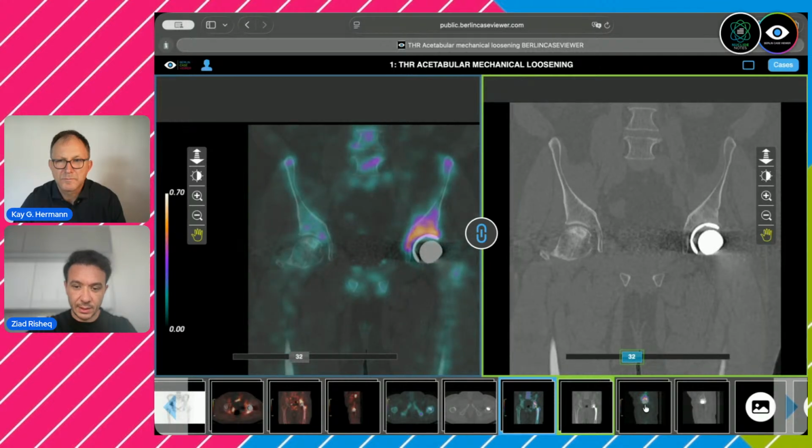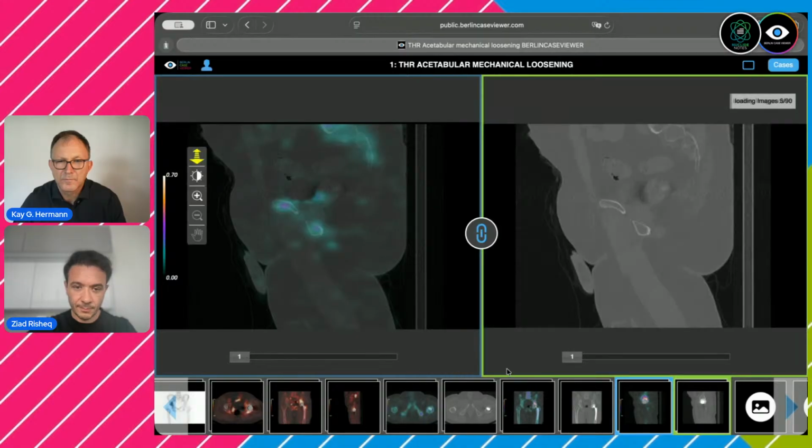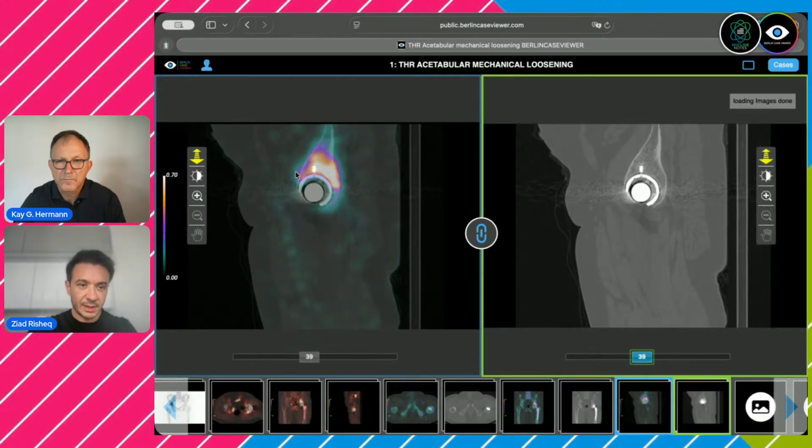And let's take a look at the sagittal images. Again, you can see the same intense uptake throughout the femoral zones. But when you want to assess for the zones, you have to look at the coronal images.